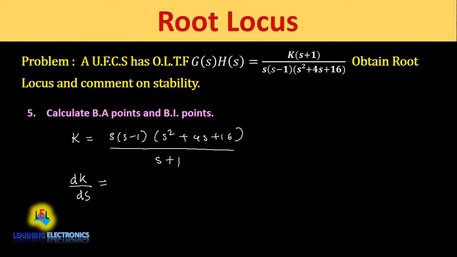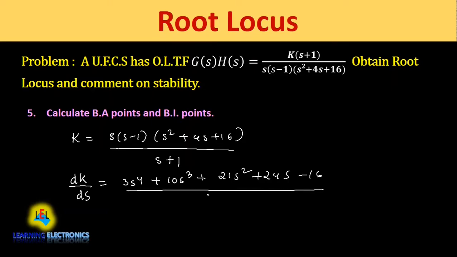After differentiating this equation with respect to s, we will get an equation like this: 3s to the power 4 plus 10s cube plus 21s square plus 24s minus 16, divided by (s plus 1) whole square. Now we have to equate this to 0. We will get 3s to the power 4 plus 10s cube plus 21s square plus 24s minus 16 is equal to 0.